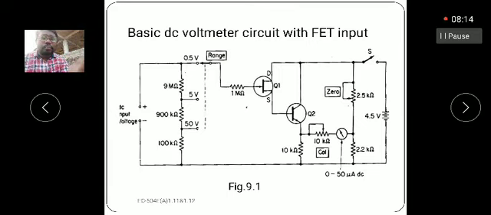Here the main topic is the input voltmeter. Generally, the FET input voltmeter decreases the amount of power drawn from the circuit under test by increasing the input impedance, using an amplifier with a unity gain.